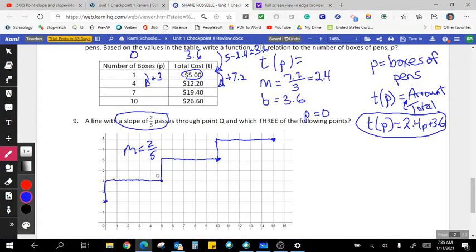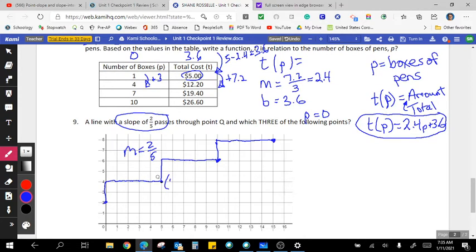So this point Q right here is at 5 comma 4. Over 5, up 4, right? This point right here is at 10 comma 6.